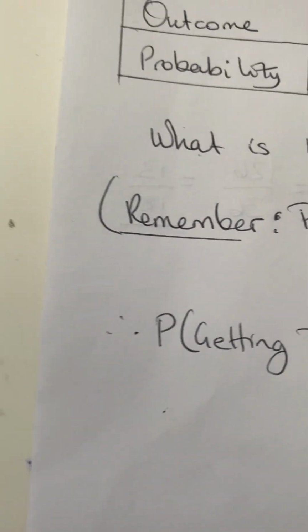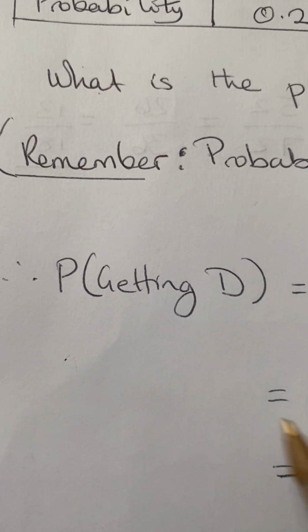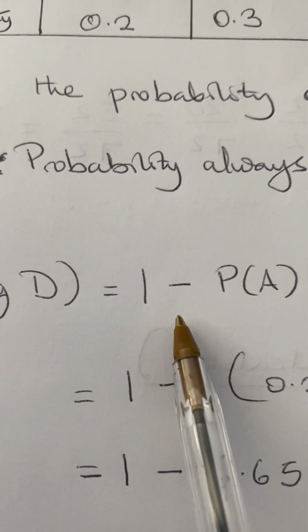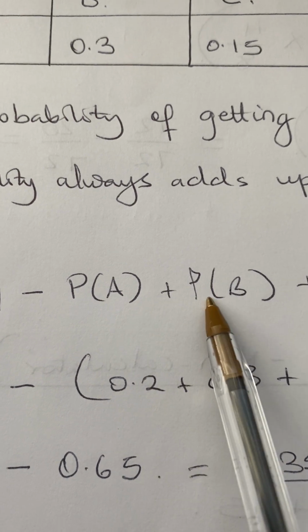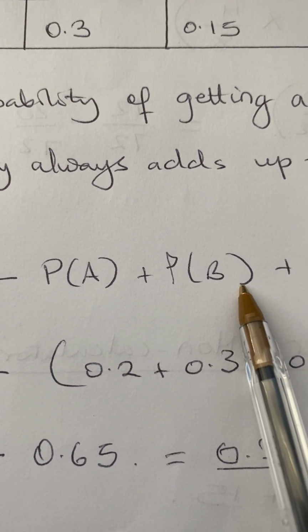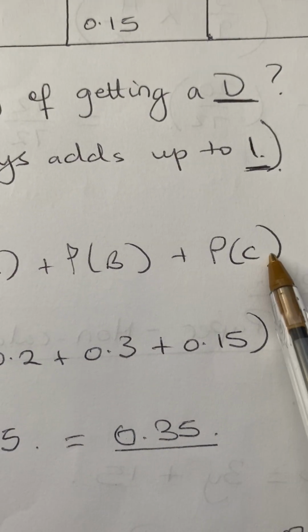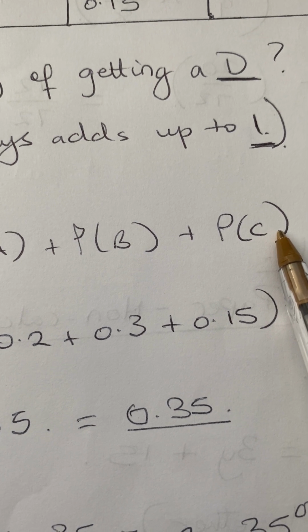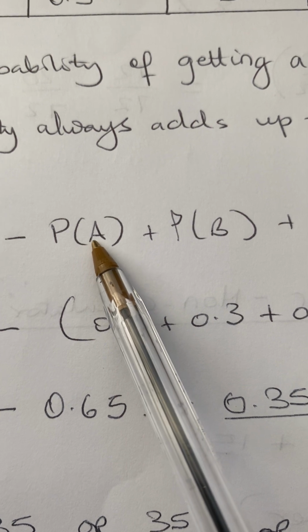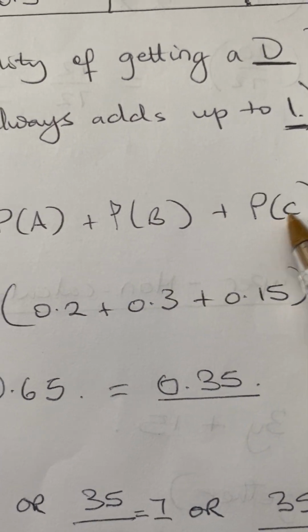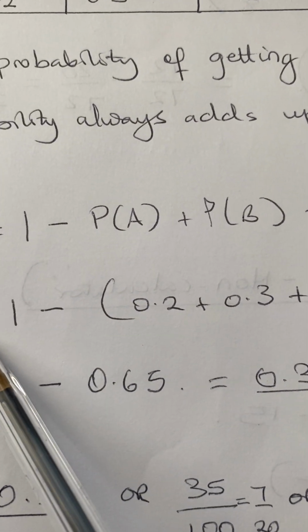Okay. So the probability of getting a D is 1 minus probability of A plus probability of getting a B plus probability of getting a C. Okay. So our total probability of A, B, and C and take it from 1.